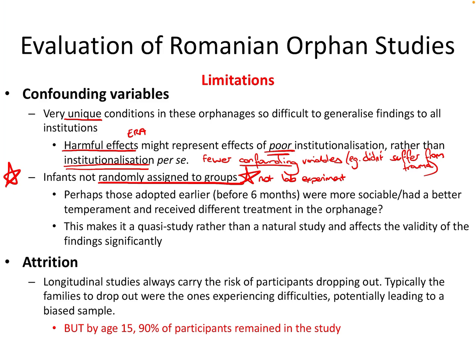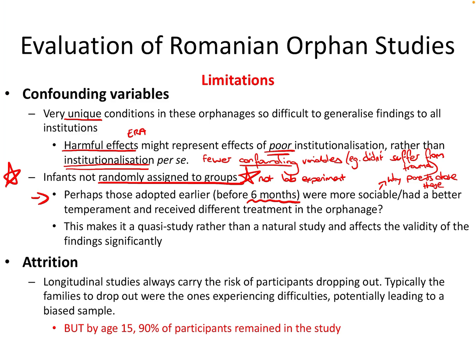Could it be that the children who were adopted earlier, those adopted before 6 months, were more sociable? Could this have been why they were adopted earlier and why the parents chose them? Because remember, it was the parents that established these groups. It was the parents who chose which children to adopt.